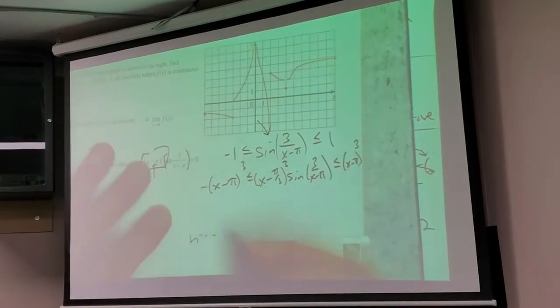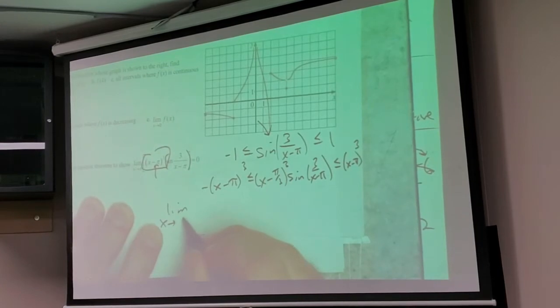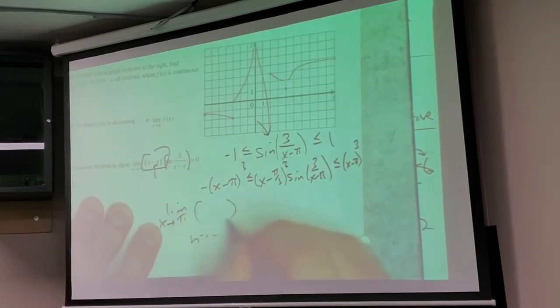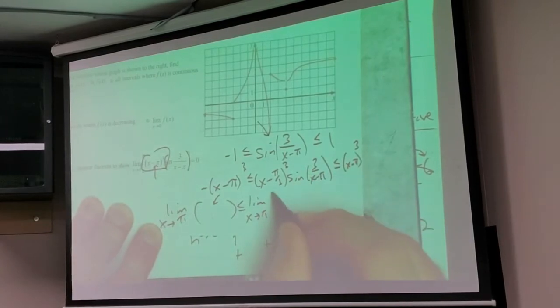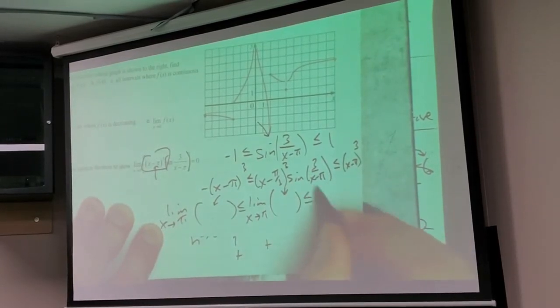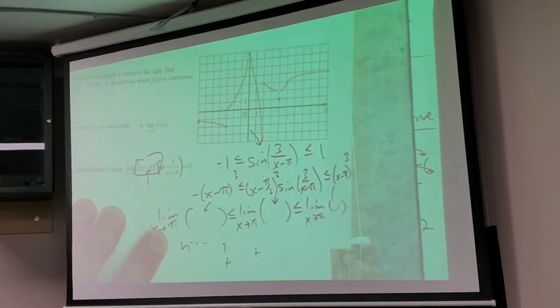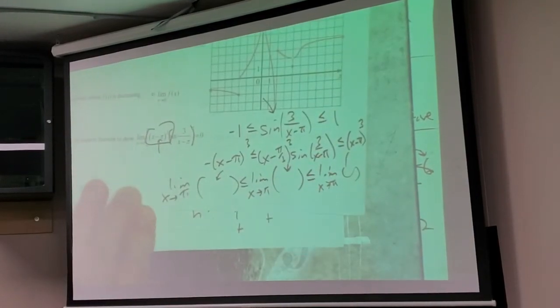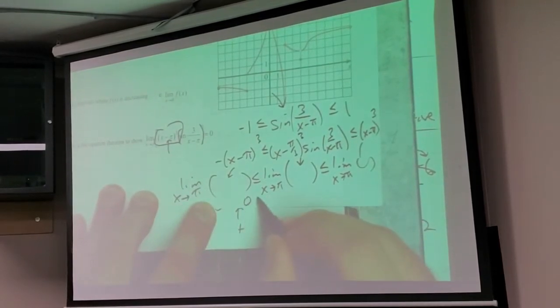Well, your next step, limit as x goes to pi of this, limit as x goes to pi of this, limit x goes to pi of this. Can you write that on your paper? I'm fine with that. It's kind of repetitive, right? This is fine. I could take that from you. And this is 0.